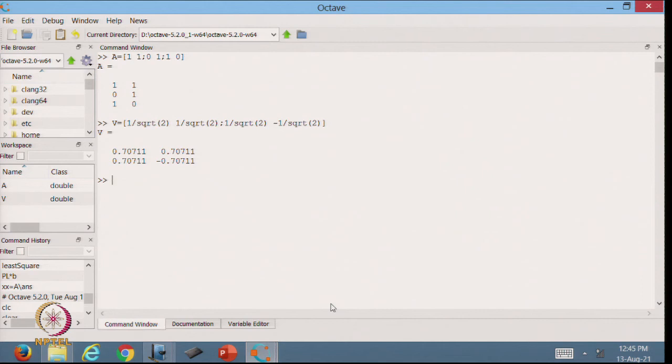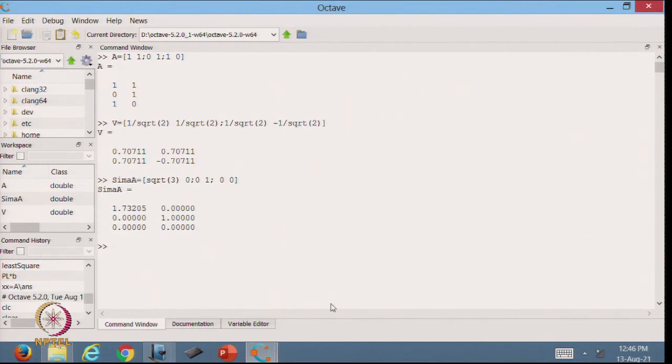Now, I will write down my sigma. So, sigma we have taken, sigma of A, that is equal to, it was square root of 3, then its value was 0, then 0 and then 1, and then 0, 0, because it should be of order 3 cross 2.